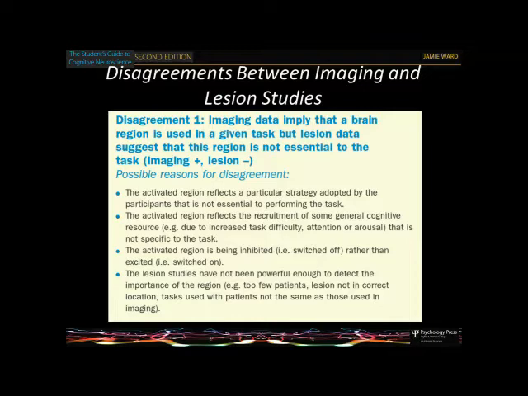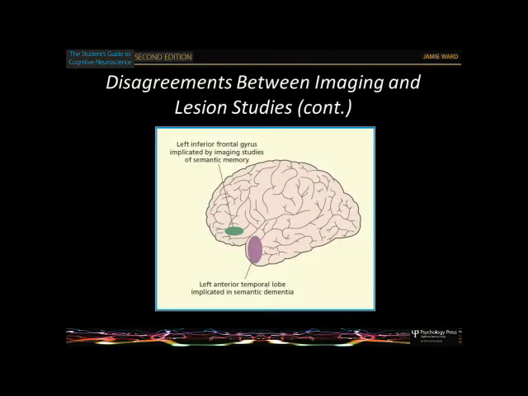Another possibility is that the brain region that seems to be important is involved in some other general cognitive process that isn't specific to the task. So one claim here is that this is really where your semantic knowledge is stored, but this region is involved in organizing information or retrieving it, but isn't the actual store of it.